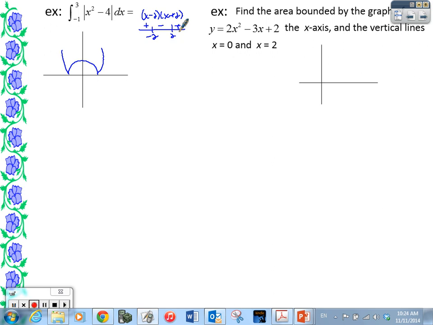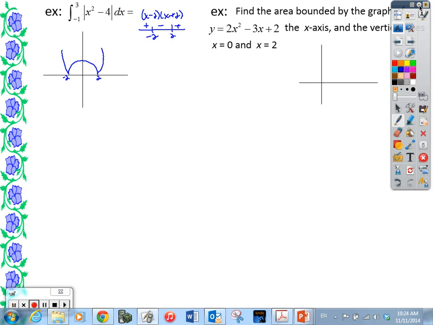So we can tell by the graph that this part was the part that was negative. This would be between -2 and 2. But many times you're not going to have a graph. So there's my sign chart. So what I'm interested in is the area from -1, which would be like right here, all the way to 3, which would be like right out here. This is the area that I'm interested in.